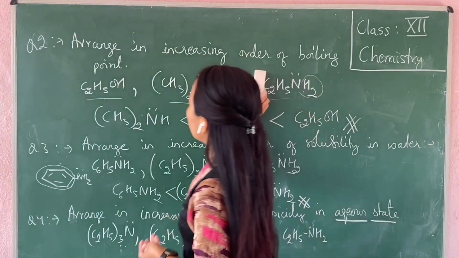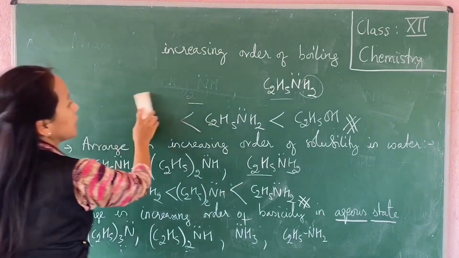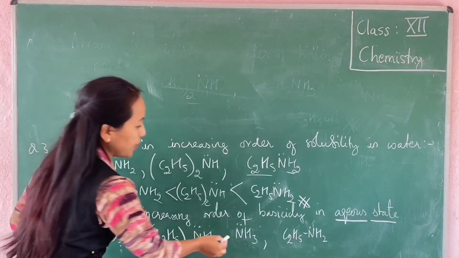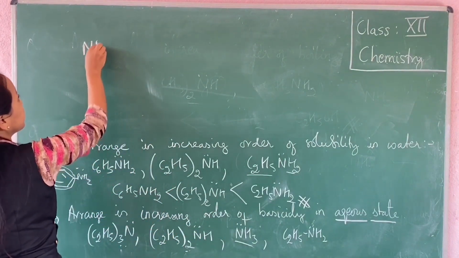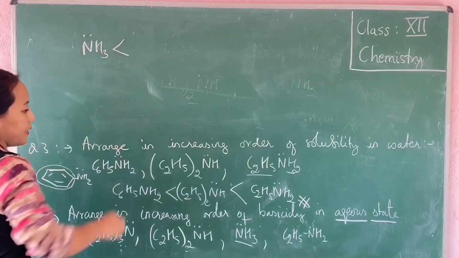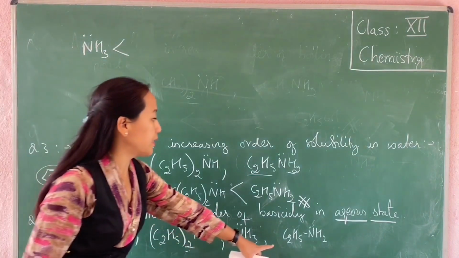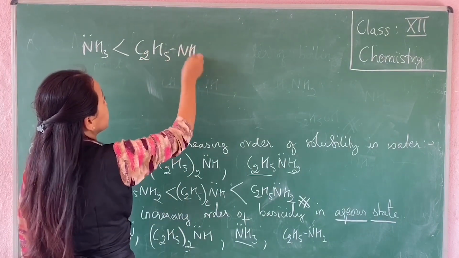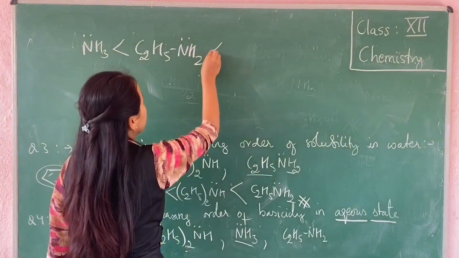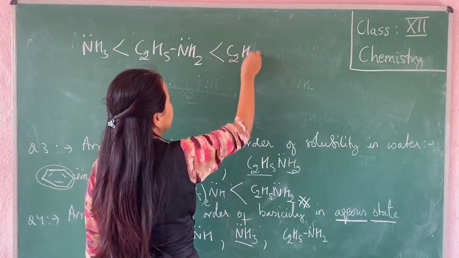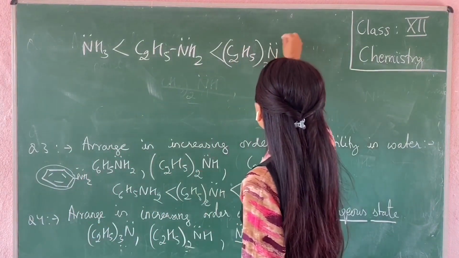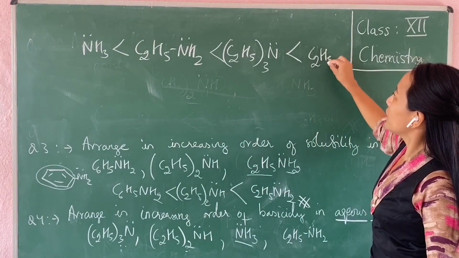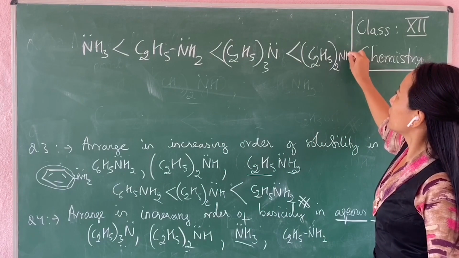So to write down the sequence for this, you have to start with the lowest basic compound. In this case, ammonia will be the lowest basic, NH3, followed by the primary amine, C2H5NH2, and then you will have your tertiary amine (C2H5)3N, and the highest basic compound is the secondary amine, so (C2H5)2NH.